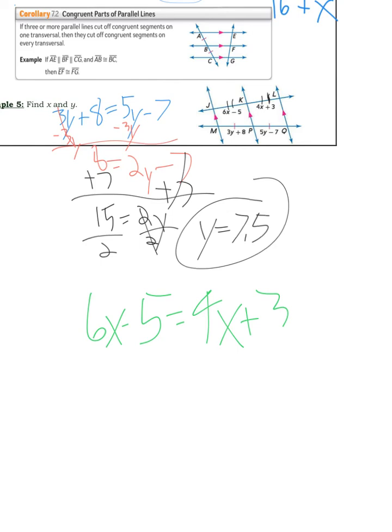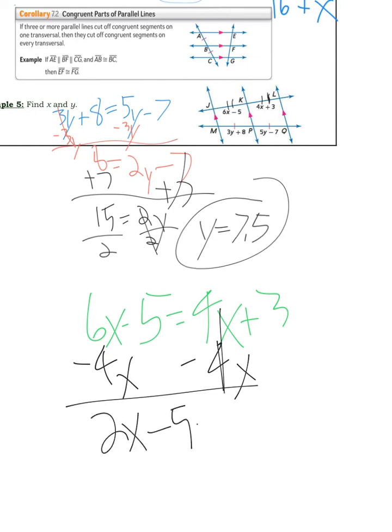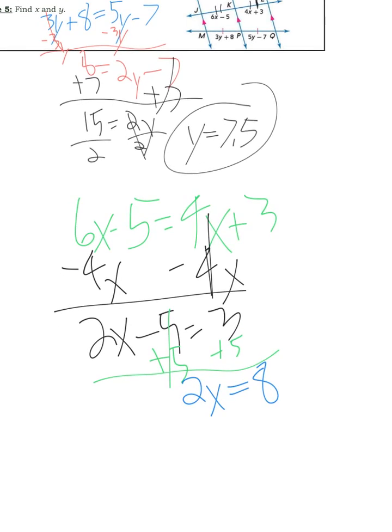And 4x is smaller, so I'm going to minus that over there. I get 2x minus 5 equals 3. Going to add 5. And I get 2x equals 8. So when you divide 2, you're going to get x equals 4.